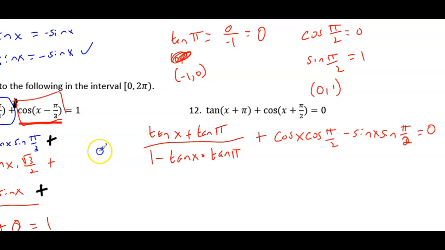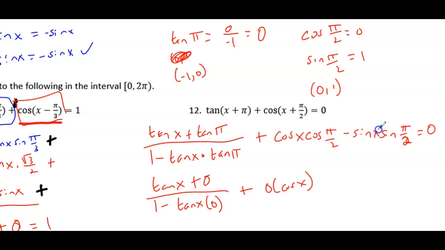Now let's simplify this. Tangent x is tangent x. Tangent of pi is 0. Cosine of x times cosine of pi over 2 is 0, so that's 0 times cosine of x. Sine of pi over 2 is 1, so that's 1 times negative sine.